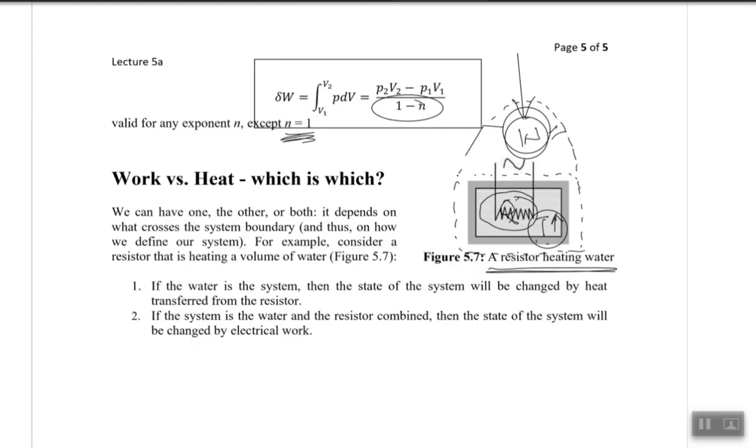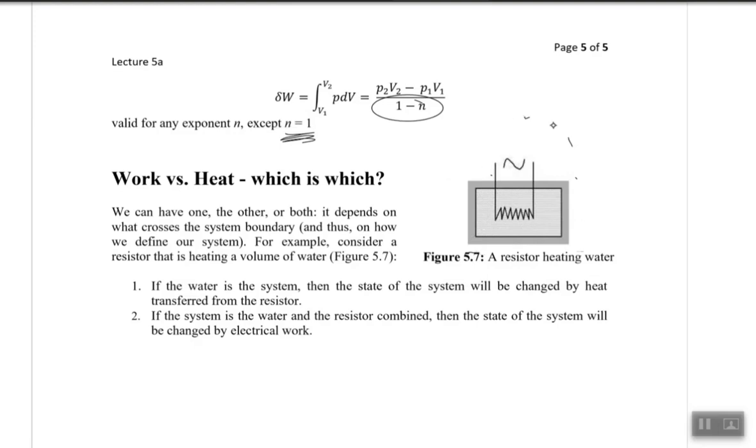So let me conclude again. If your boundary is limited to this bit, not including the work done, you are only limiting yourself to the heat transfer, and that heat transfer is responsible for the rise in temperature.